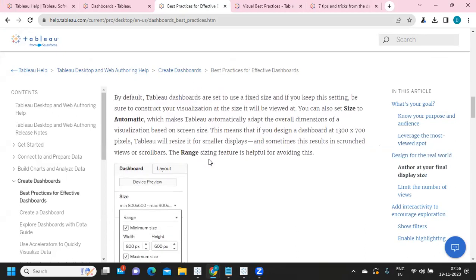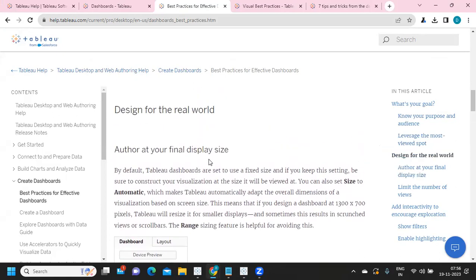Okay, next is designing for the real world, in the sense whenever you are designing any dashboard, don't keep it for a specific device, or only for a web device, or only for a desktop, or only for a laptop, or only for your mobile devices, like that. Make sure it is scalable. Okay, try to create an automatic version so that it gets adjusted to any device that is getting logged in.